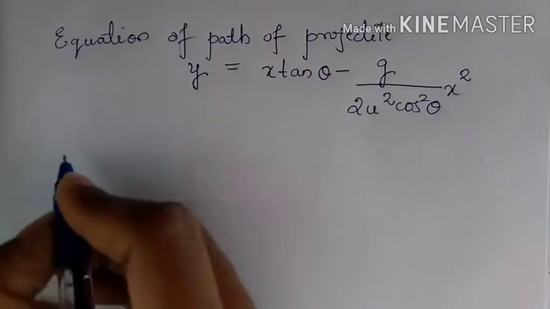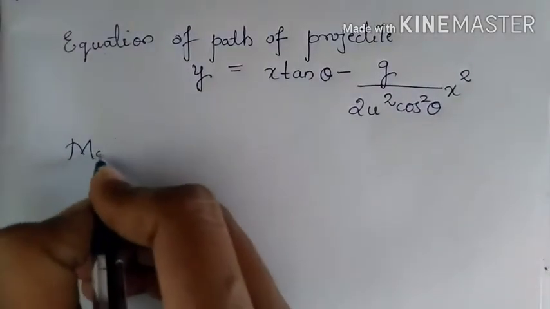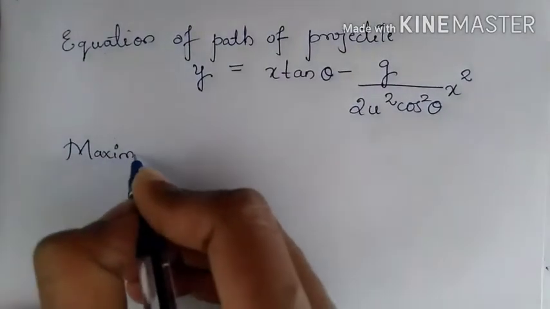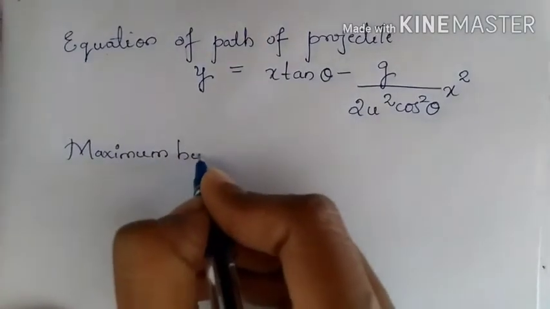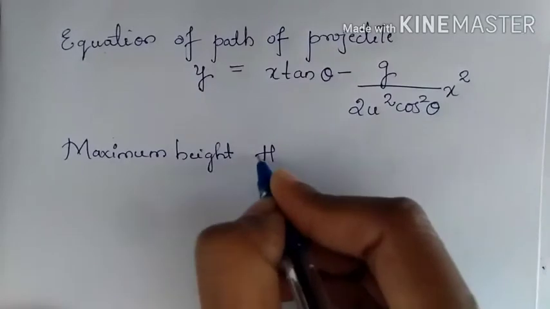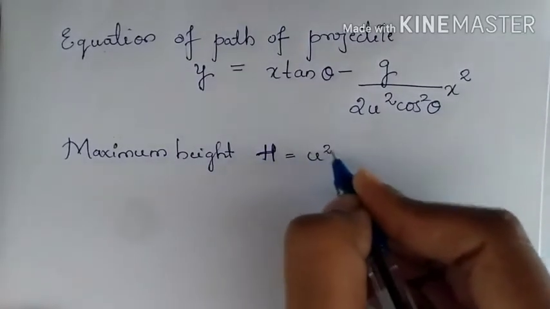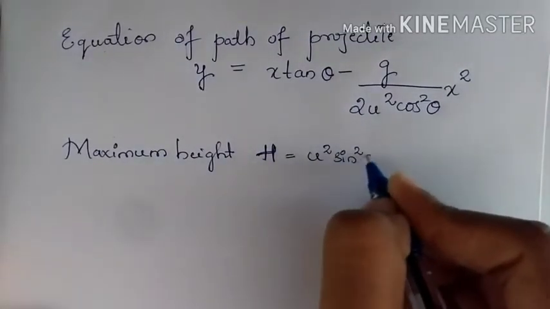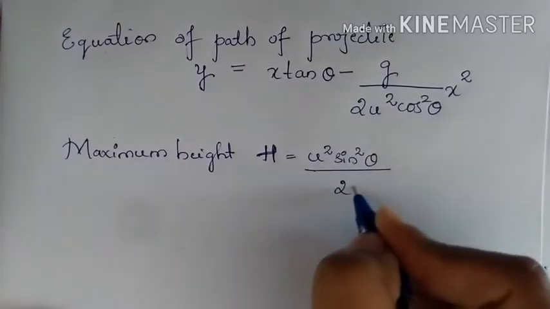The second equation was maximum height. Maximum height is denoted by h, and h is equal to u square sine square theta divided by 2g.